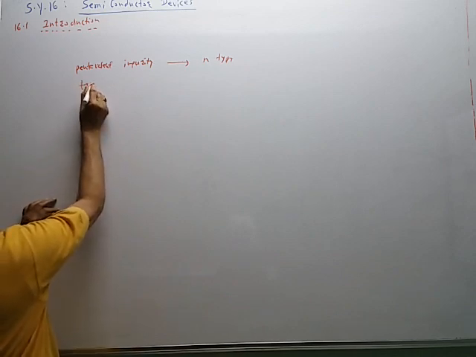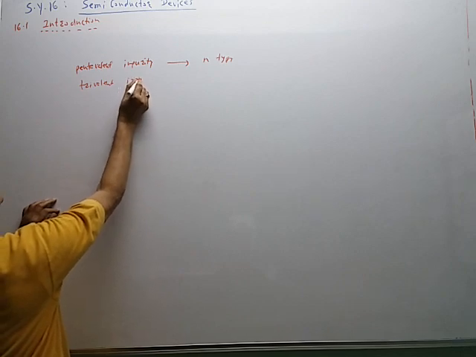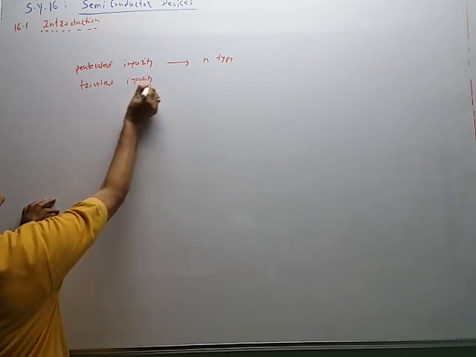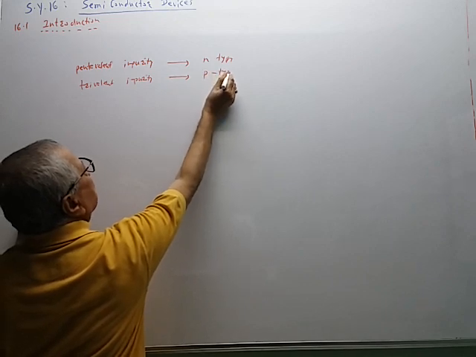When trivalent impurity is doped, it is the p-type semiconductor.